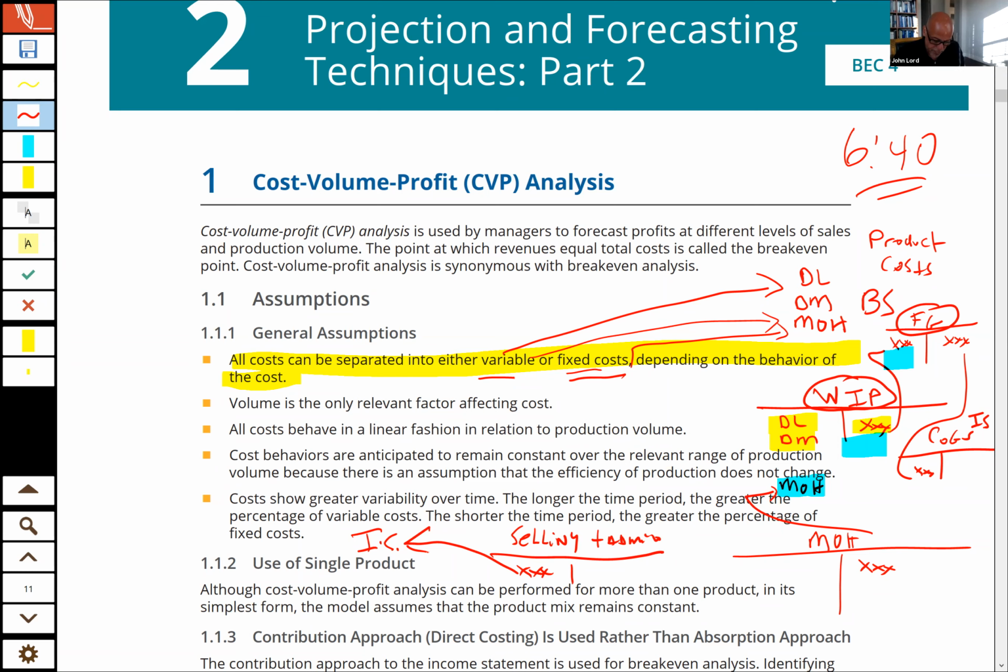Okay, good. Now, this is going to become important because notice, guys, that our fixed and variable manufacturing overhead costs sit on the balance sheet until we sell the stuff, right? Whereas all of our selling and administrative expenses, whether fixed or variable, go straight to the income statement. Okay.